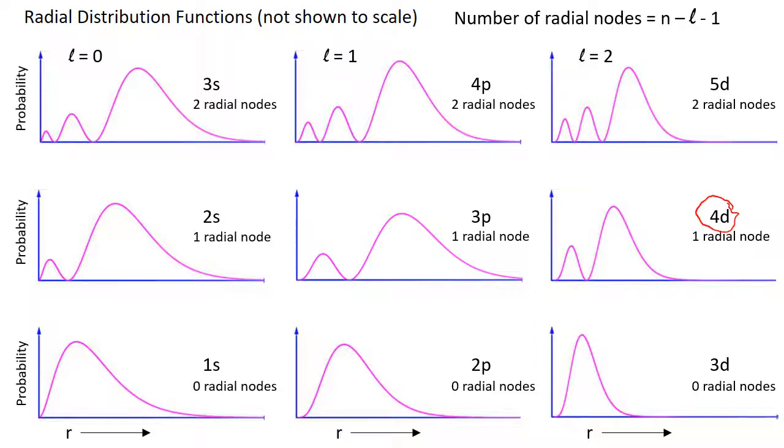For 4d, n equals 2. L, because it's a d subshell, L also equals 2. If we plug that into our equation, I have 2 minus 2 minus 1, and the number of radial nodes is then 1.